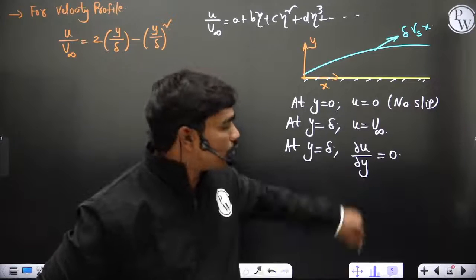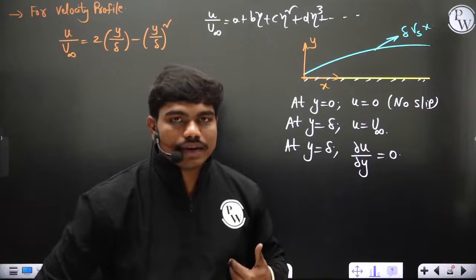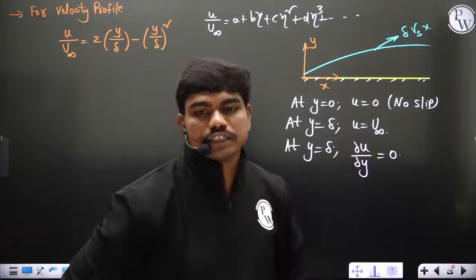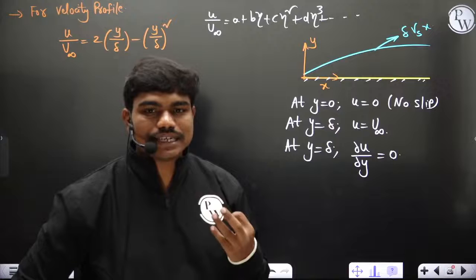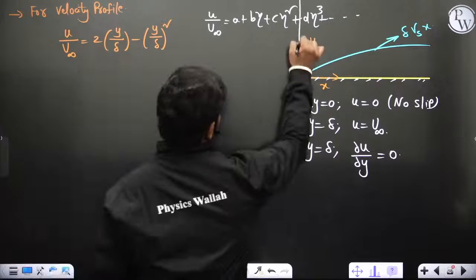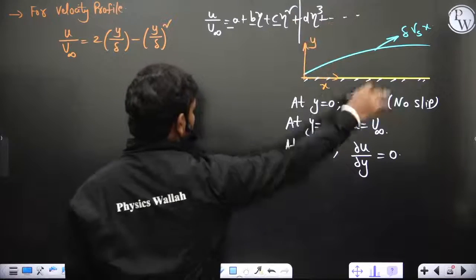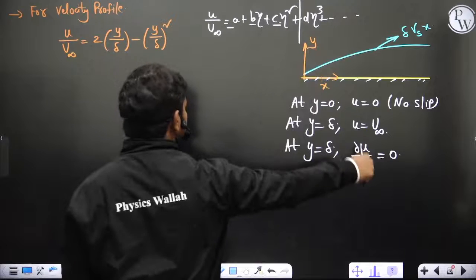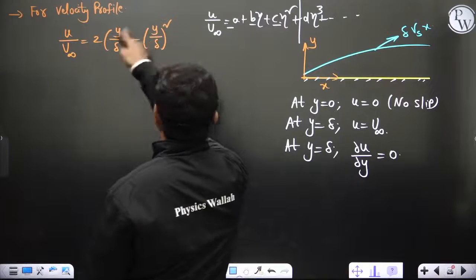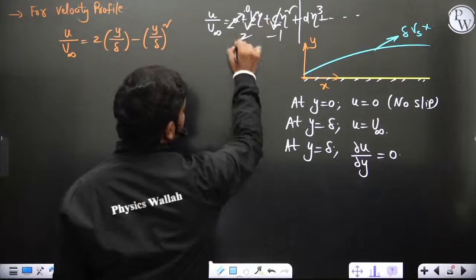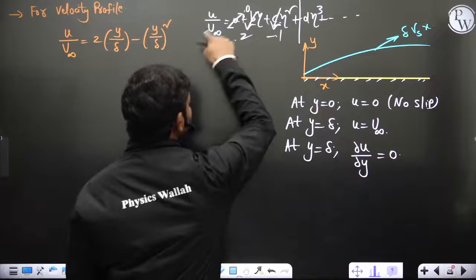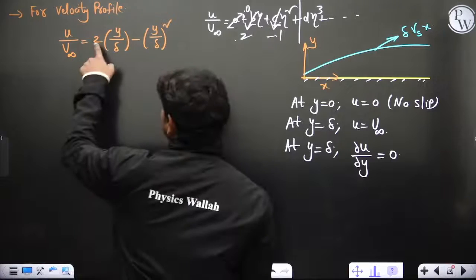So you can solve a maximum of 3 unknowns, and I have to restrict the polynomial to three constants. Putting in these three boundary conditions, b will be 2, c will be -1, a will be 0. These are the constants for this quadratic profile. That's how you get this profile.